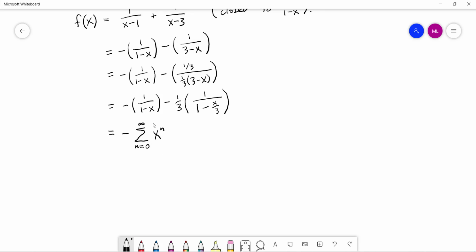This was the power series representation of 1 over 1 minus x. For the second one, I'm going to have minus a third sitting out in front of everything. And it's the exact same thing, but everywhere that x showed up in this one, I now need to replace it with x over 3. So this is going to be the sum from n equals 0 to infinity of x over 3 to the n.